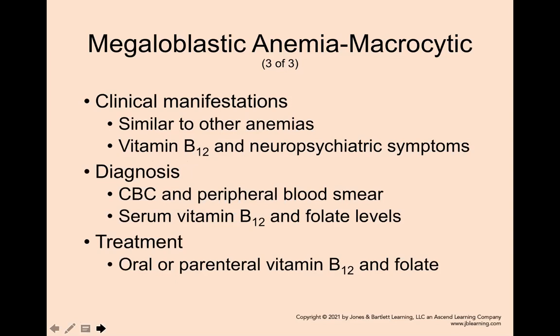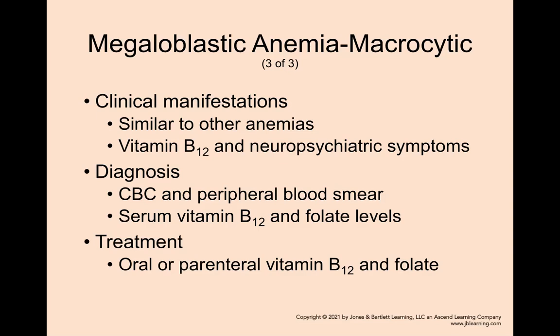Similar to the other anemias, as part of the workup, you would want to check a CBC, peripheral blood smear, and also vitamin B12 and folate levels. If you look at your CBC, you'll recognize that you will have a high MCV with low reticulocytes.